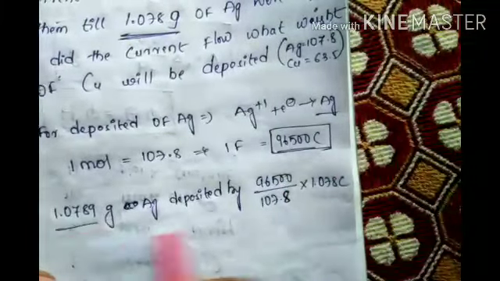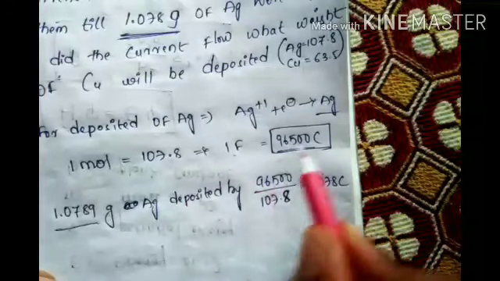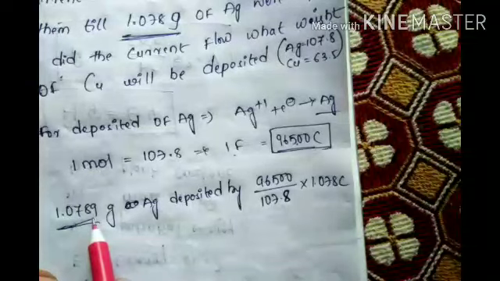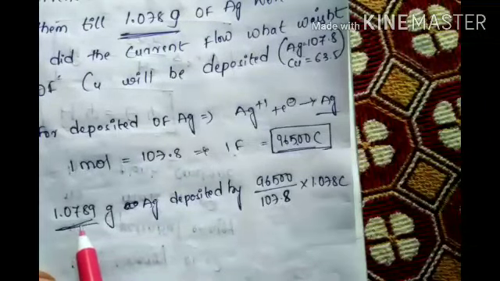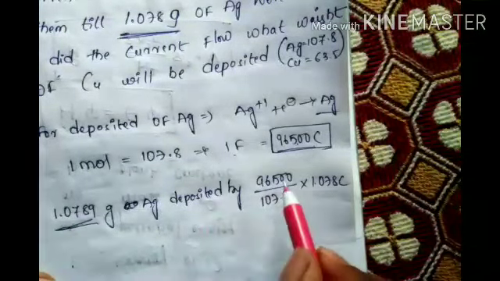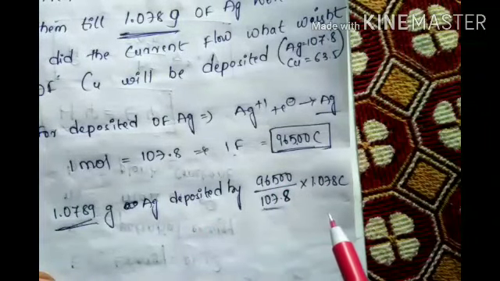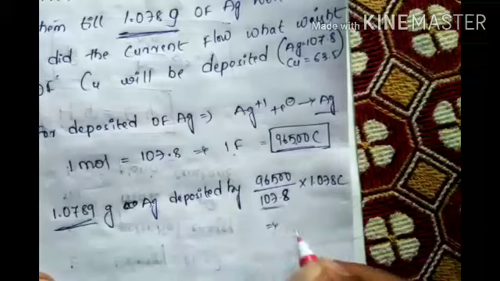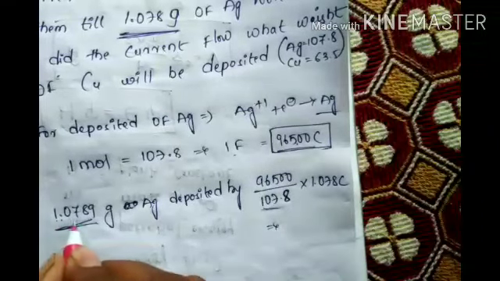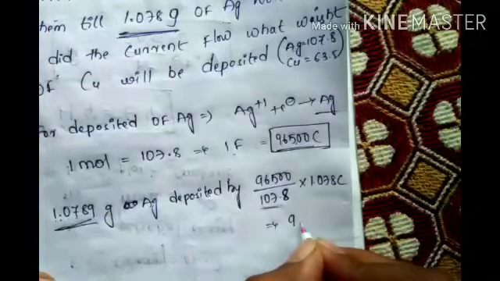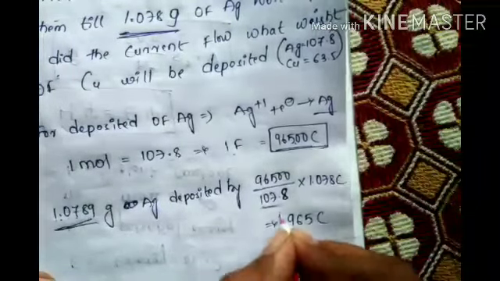For 1 Ag this much; for this many grams of Ag there are many silver atoms here, so that's why we are taking the molecular weight of silver. So how much are we getting? 1.078 grams of Ag deposited is 965 coulombs.